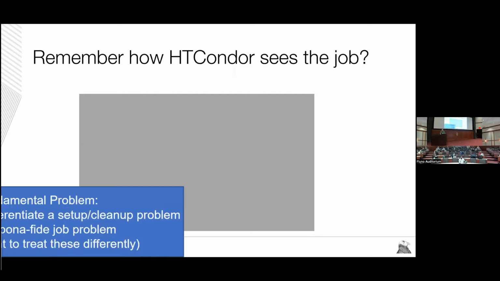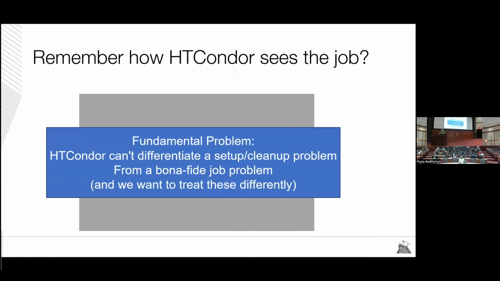So the fundamental problem here is that Condor can't differentiate a setup problem or a cleanup problem that may be environmental, that maybe it could fix by a retry or restart or buying more machines from Amazon or Google Cloud or wherever. And we really want to be able to treat these kinds of problems differently. We want to treat an environment problem very differently from a problem in the job.